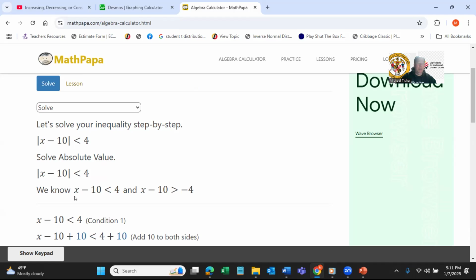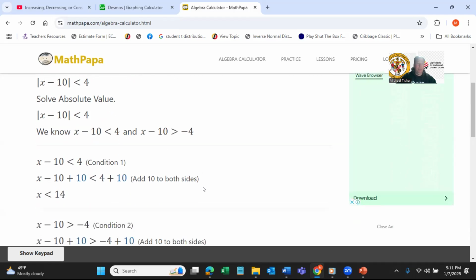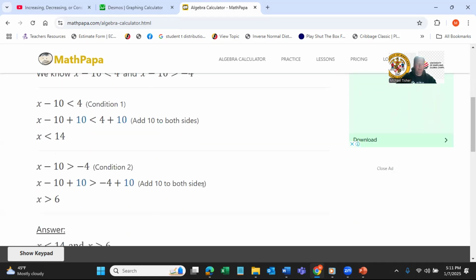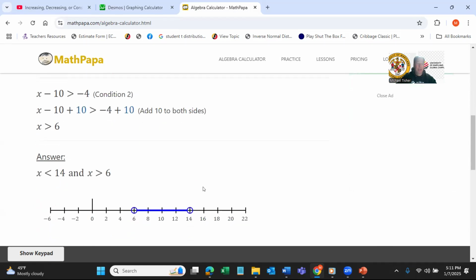All right, it tells us x minus 10 less than 4 and x minus 10 greater than negative 4, which is another way to solve it there. And they show getting x by itself there. And they graph the solution right here on the number line. From this number line, once again, we see 6 not included. The circle on the 6 means not included. And so again, the answer is between 6 and 14, 6 exclusive and 14 exclusive.